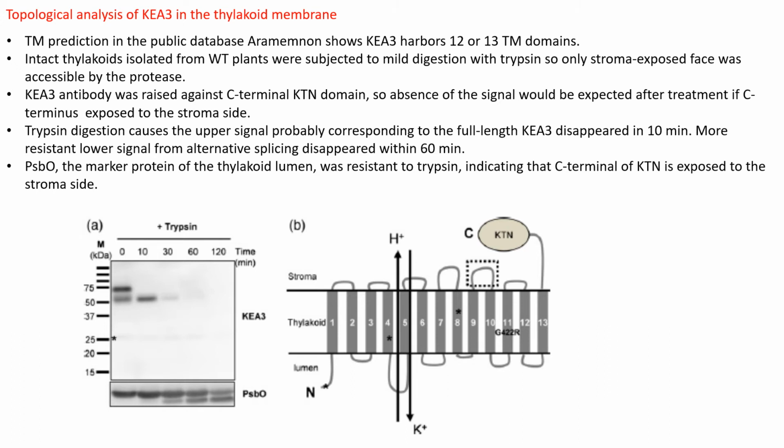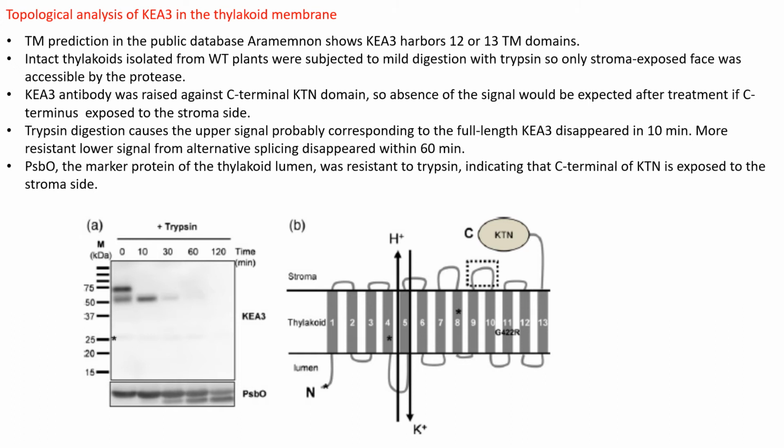Based on the Aramemnon database, KEA3 is thought to harbor 12 to 13 transmembrane domains. However, as we had discussed earlier, the KEA3 protein has two main domains, one facing the stromal side, known as KTN, and the other the CPA2.